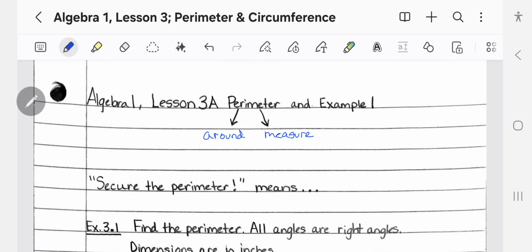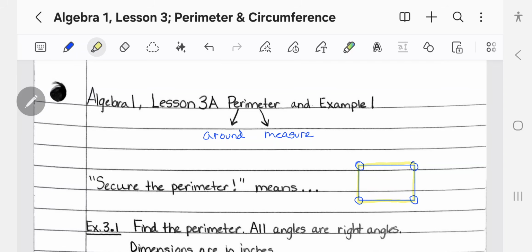You've probably heard, when you're watching a movie, "secure the perimeter." So here's my fort. I've got this rectangular fort, and you may have guards up here on the corners, and the order may come, "We need to secure the perimeter." So what they're doing is checking the perimeter, the outside edges.